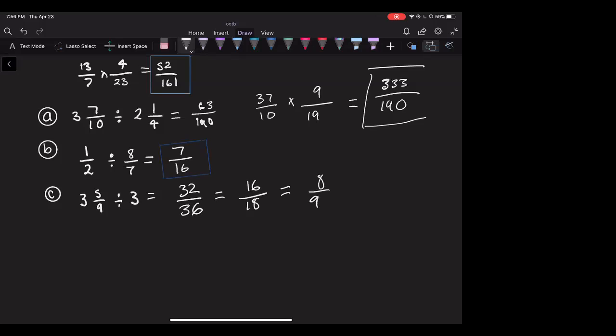Okay, let's see. 3 times 9 is 27. 27 plus 5 is 32. 32 over 9 times 1 over 3, which gives you 32 over 30.